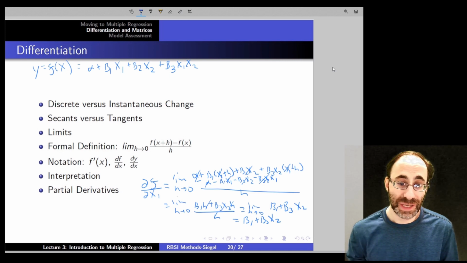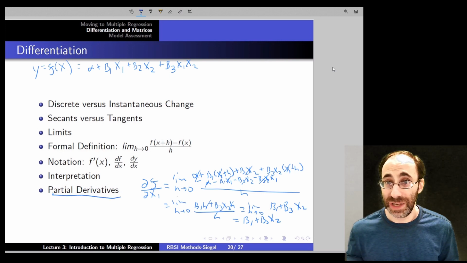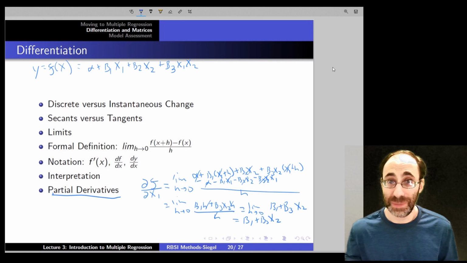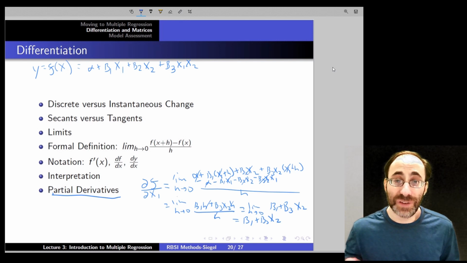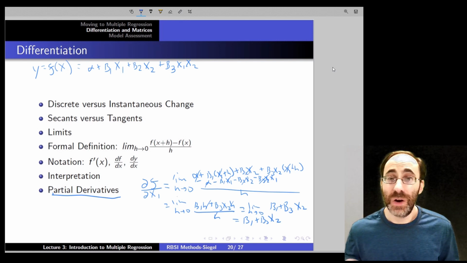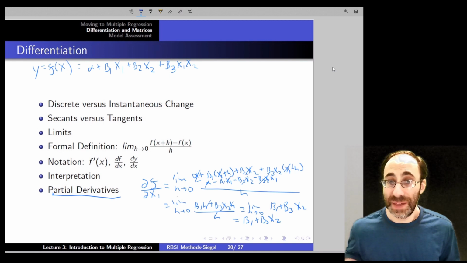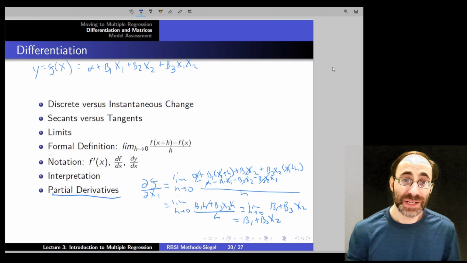And the key is the interpretation of the partial derivative as the instantaneous rate of change of a function. In this case, the function is your dependent variable model, as a function of a single variable holding all the other variables you included constant. That's why you interpret all the betas like that.